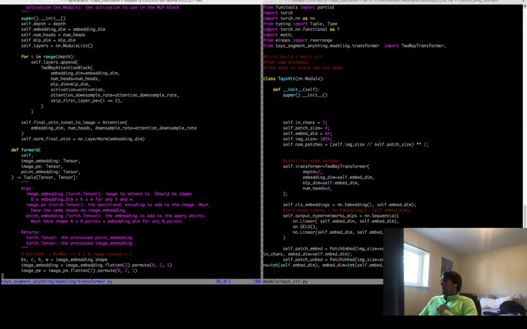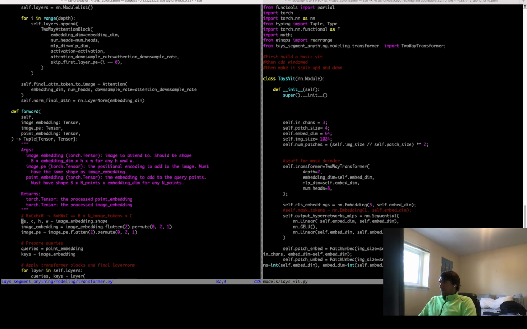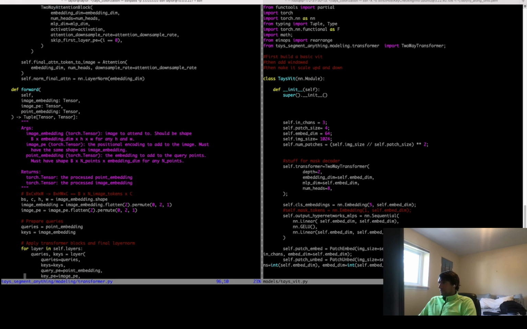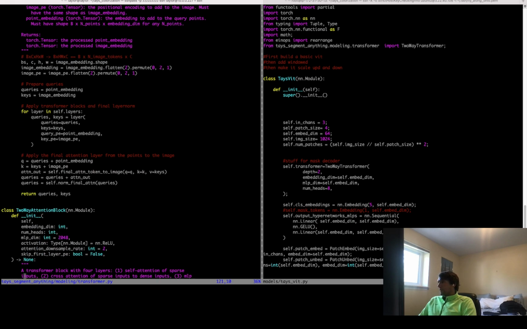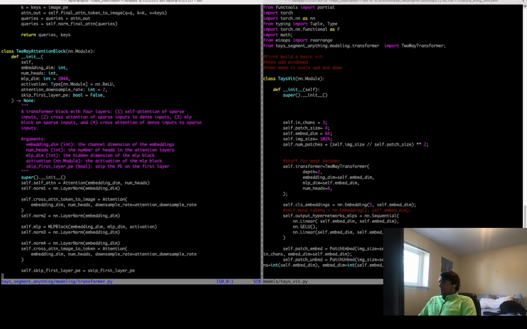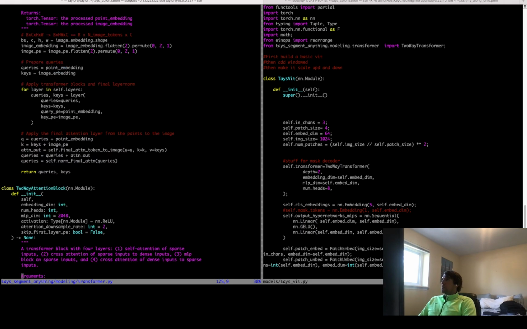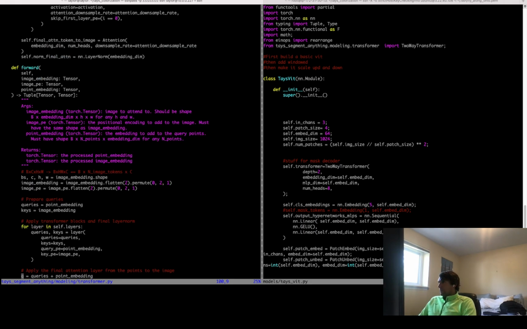Maybe I should leave the positional encoding. I don't know. This changes it back into the patches.